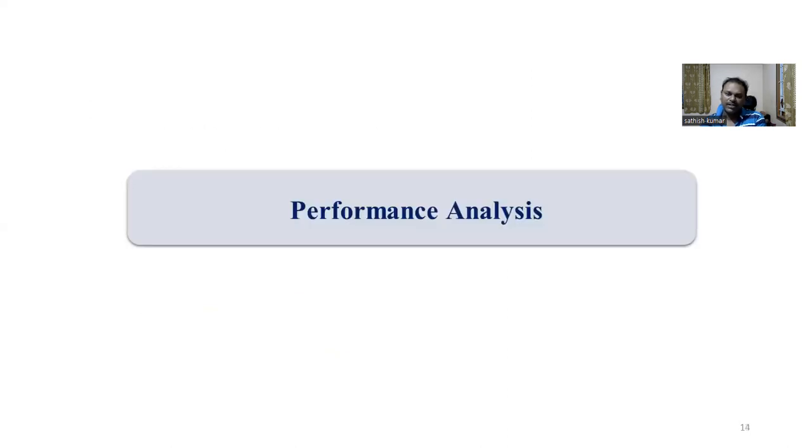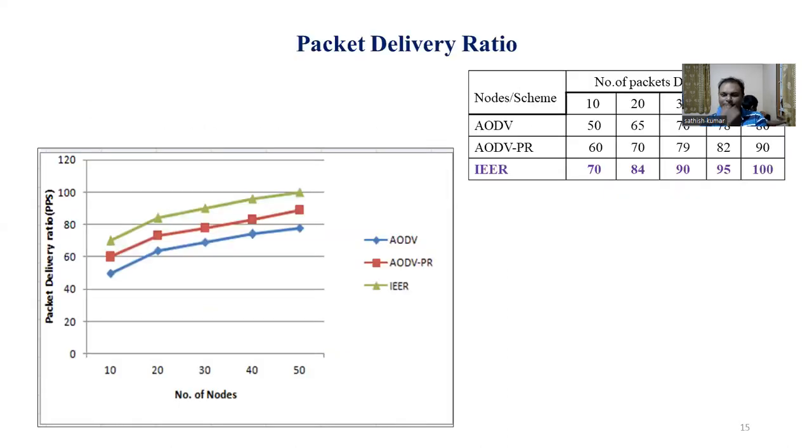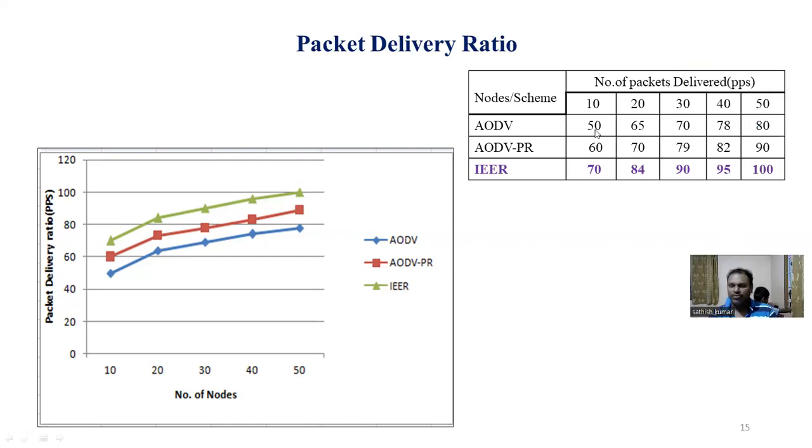Now the performance analysis. Here we compared with AODV and AODV-PR. Regarding the number of nodes and packets delivered, compared to the previous protocols, we achieved a higher number of packets delivered with the proper channels.